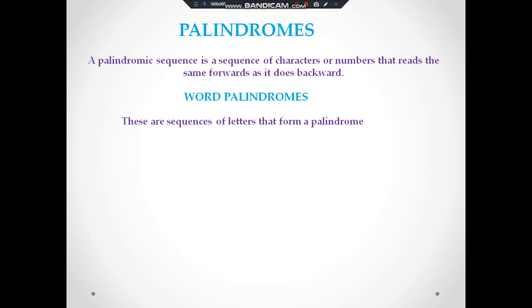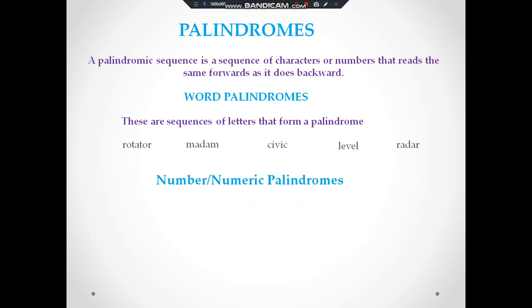These are sequences of letters that form a palindrome. For example, rotator. If you read rotator forward or backward, it will be pronounced the same. Madam, civic. These words are all palindromes.